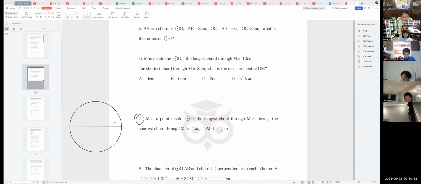The shortest is 4. That means the radius is 3 and this one is 2, and we would like to know OM equals what? So it's 3 squared, sorry.